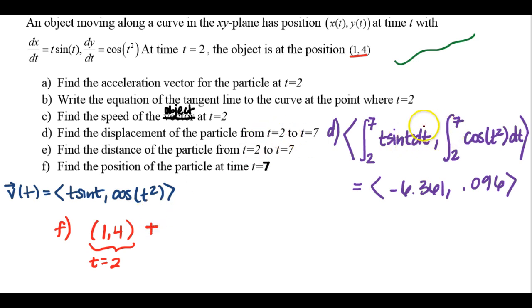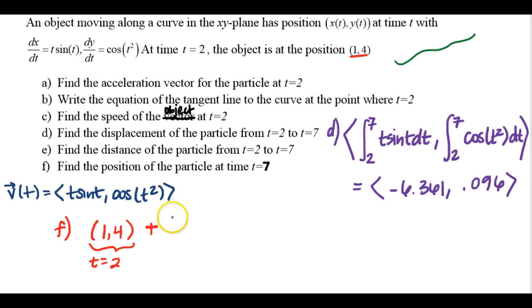Well, I actually already did that in part D. The displacement from 2 to 7 was done by each individual component, solving each of those definite integrals. We got that the displacement over that time frame was negative 6.361 and then 0.096. So that's what I'm adding to my starting location.